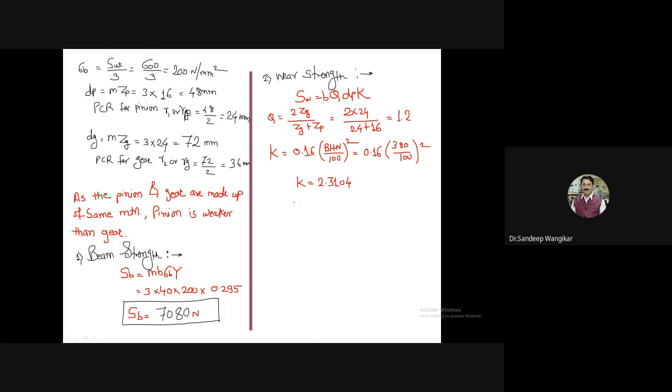So I will put here, yes, W is equal to B Q dp K. Yes, W is equal to 40 into 1.2 into 48 into 2.3104.